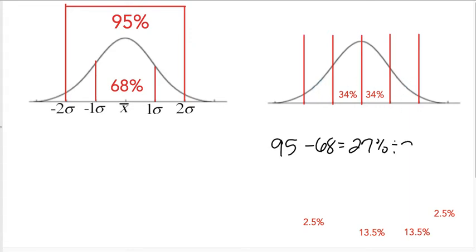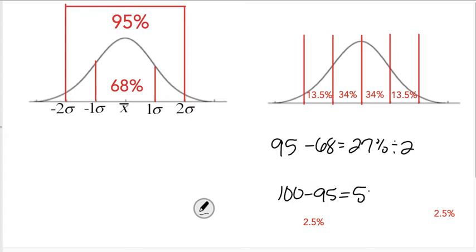So if we then divide that by 2, this bar has 13.5% of the data, and this bar also has 13.5% of the data. And then lastly, if we know this whole area is 95, obviously our whole curve is 100 minus 95.